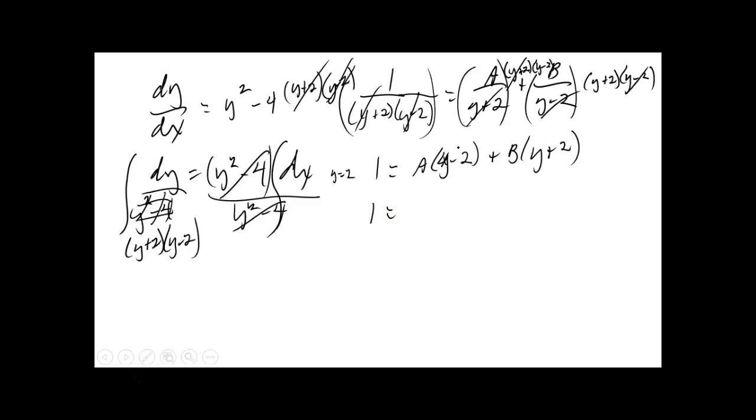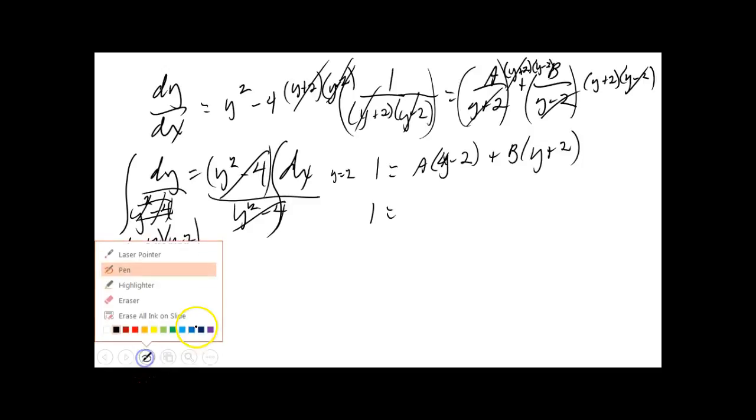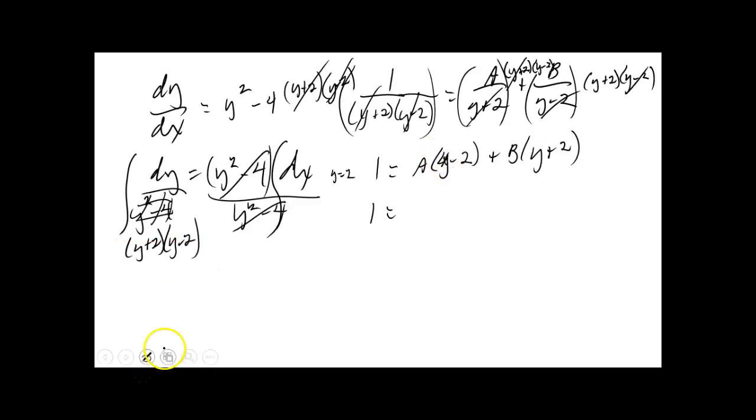What happens with that one, though? Yes, that one becomes 0, and then you've got 4b. And guess what b would be then? b is equal to 1 over 4.